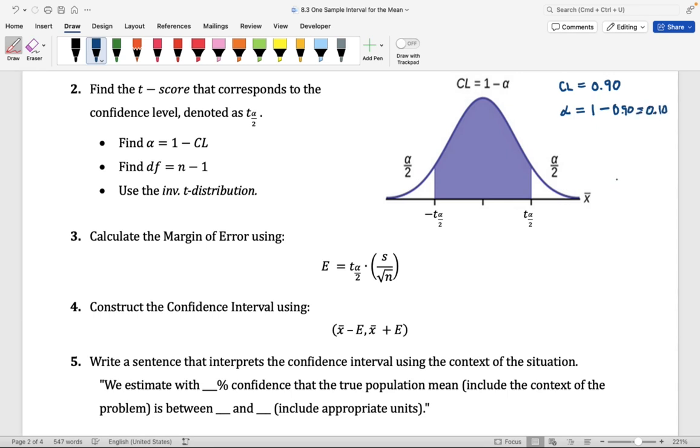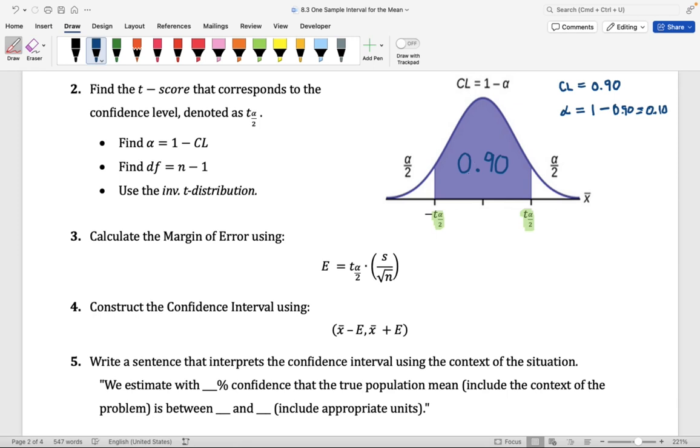So what are you trying to do? You're trying to find the t-score. It can be the t-score here on the left or here on the right. They're going to be the same value. It's just that one is going to be negative, the one on the left, and the one on the right is going to be positive, but they're going to be the same value. So you're trying to find those t-scores such that you capture the middle 90% of the area. Again, we don't write this as a percentage, we write it as a proportion.